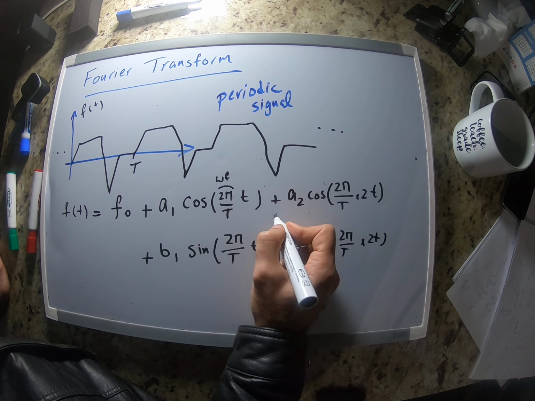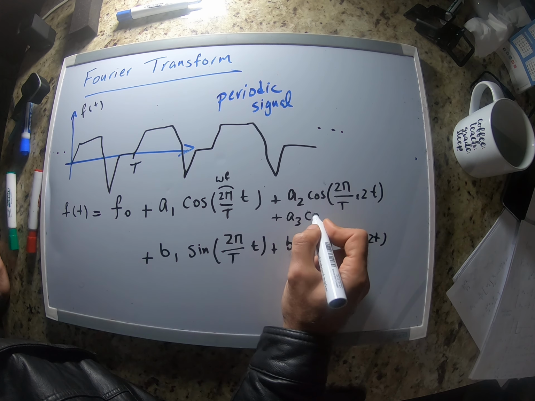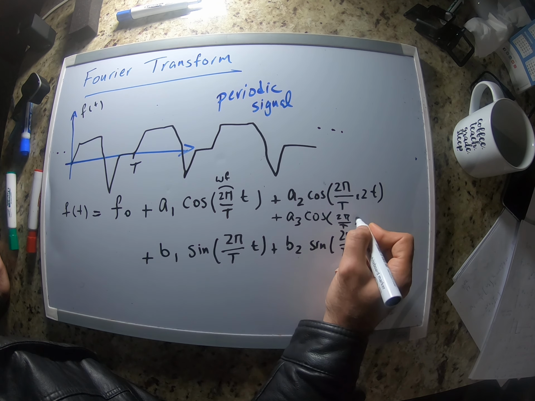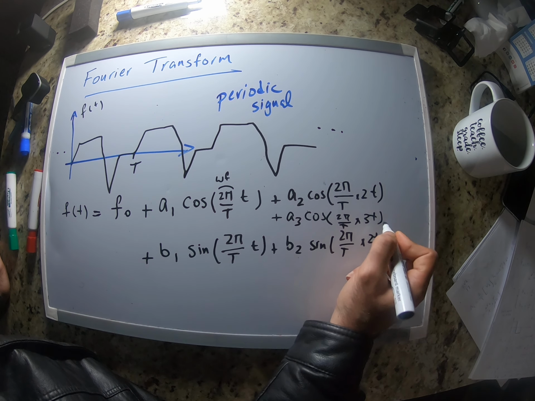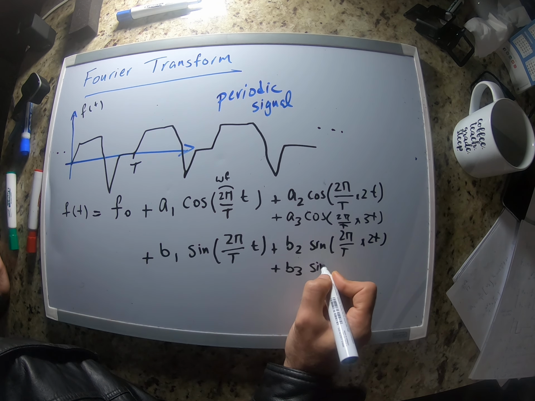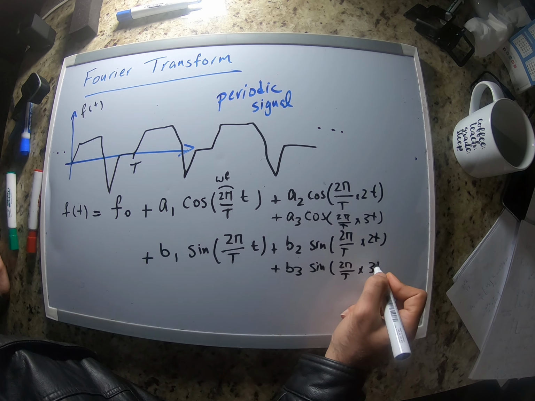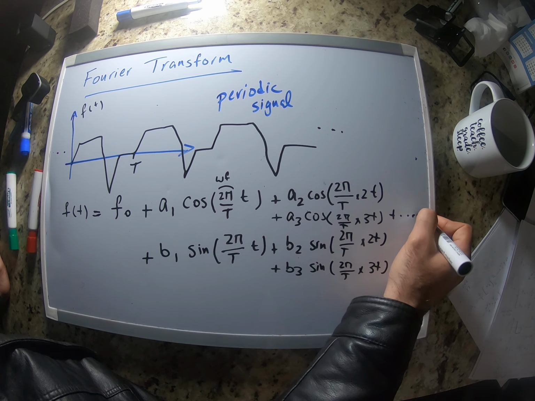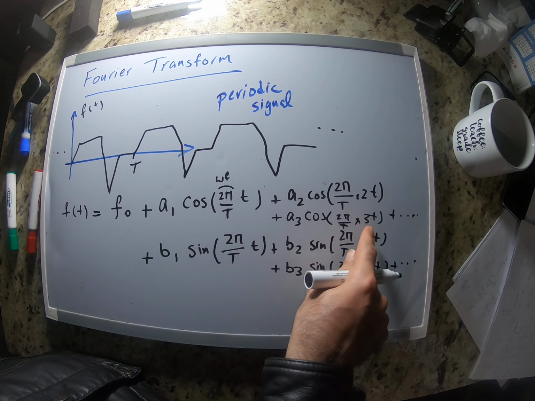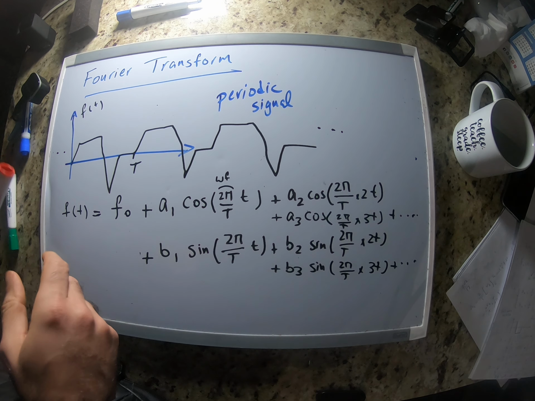Sorry, I'm running out of space, so I'm going to write it here: plus A3 cosine of 2 pi over T times 3t, plus B3 sine of 2 pi over T times 3t, plus other multiples of what we call the fundamental frequency.